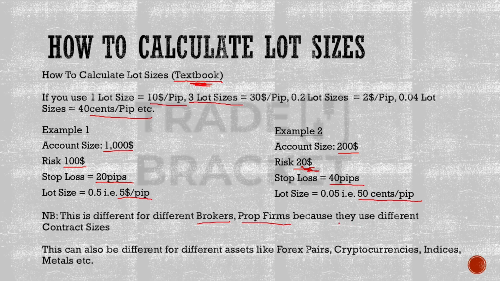The reason why this textbook way, or this usual way, may not work is because they use different contract sizes. Remember when we talked about the standard lot and we said that it's equal to 100,000 units of the base currency? For different brokers or different prop firms, that could be different. They could be measuring it differently.